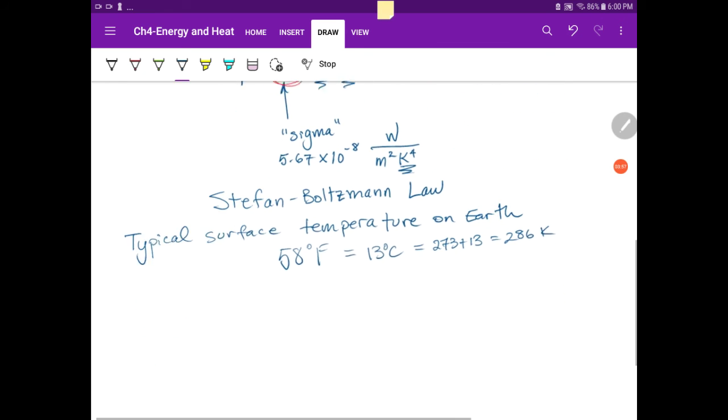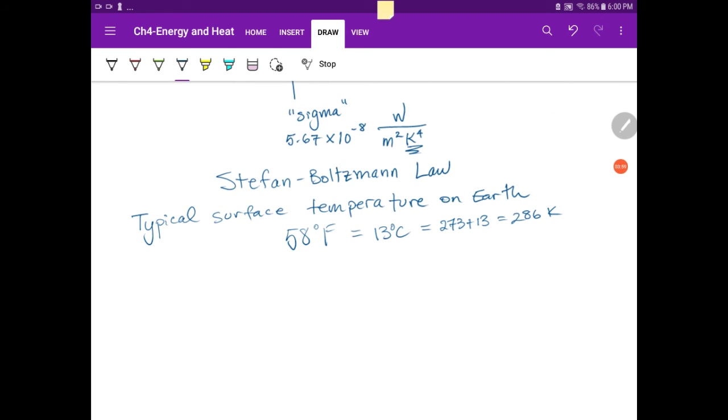Because the Earth is at 286 Kelvin on average, it's radiating away energy, and that actually causes the Earth to cool. So the sun comes in and warms the Earth. The Earth, because it's warm, then radiates back out, not as much as the sun is coming in, or otherwise we would not warm up at all. So we must radiate away less power than the sun puts in.